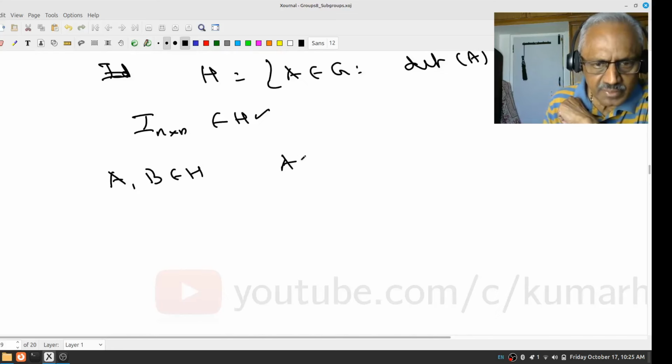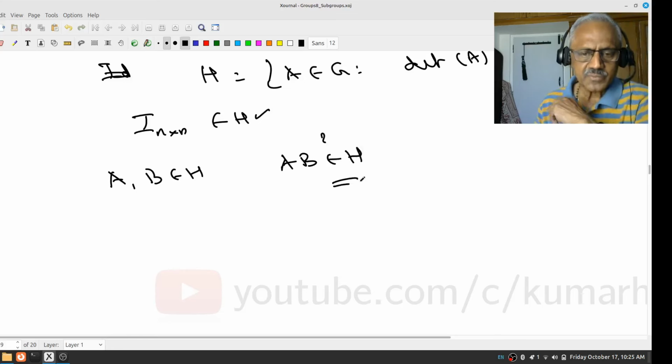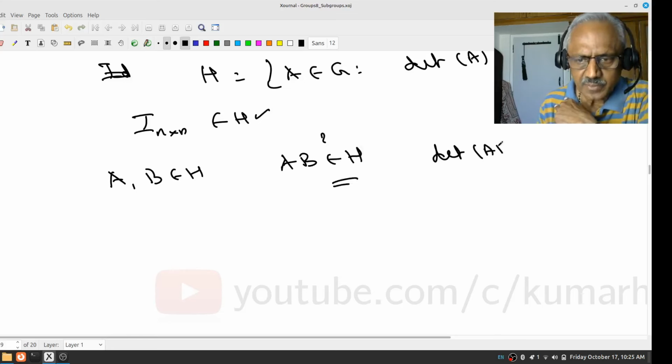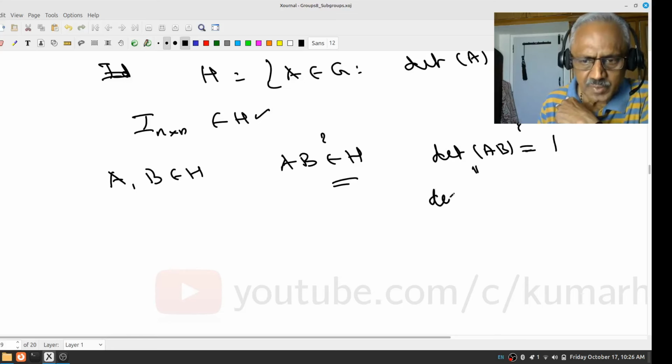Next, let A and B belong to H. Then I have to say whether AB belongs to H. What is the condition to check? I have to make sure the determinant of AB is equal to 1. But remember, determinant is multiplicative. That means the determinant of the product is the product of the determinants.